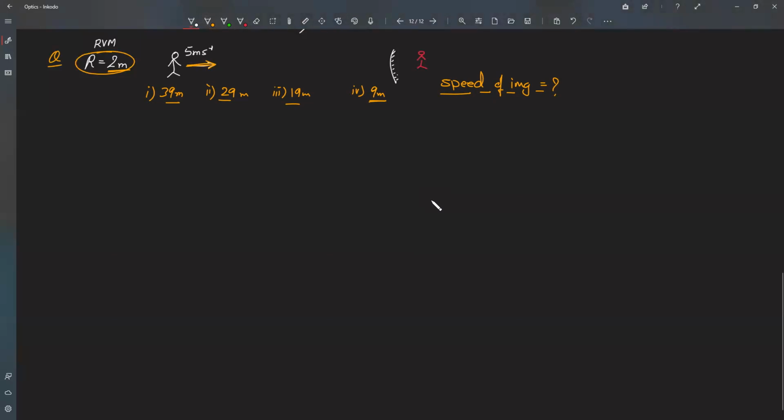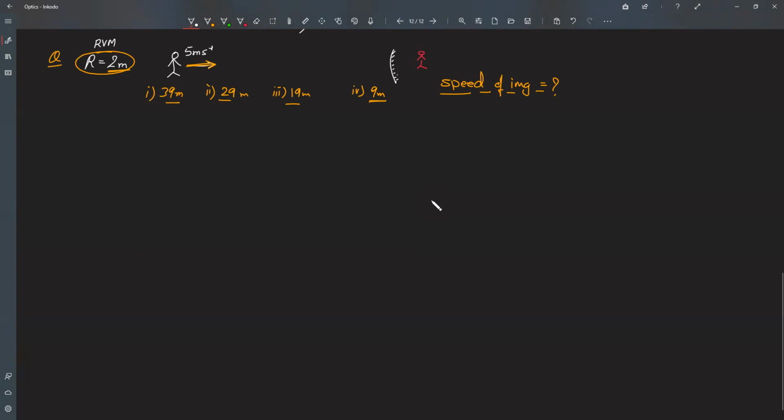At 39 meters, he is moving at 5 meters per second. That is the speed of the jogger, and that is constant. So at 39, at 29, at 19, at 9, the speed of the jogger is not changing. It is fixed at 5 meters per second. This is the rate of the image formed. That's what you have to find: the speed of the image.